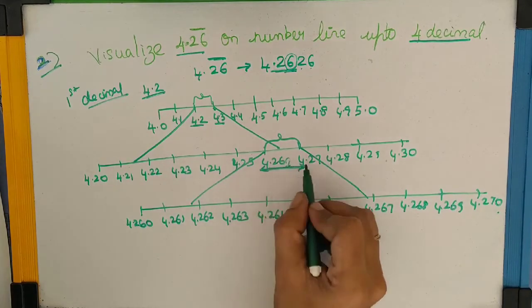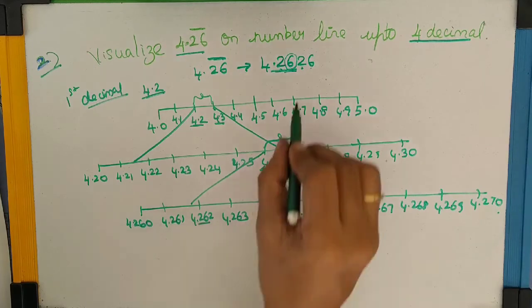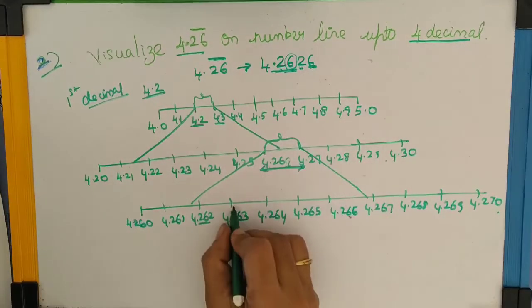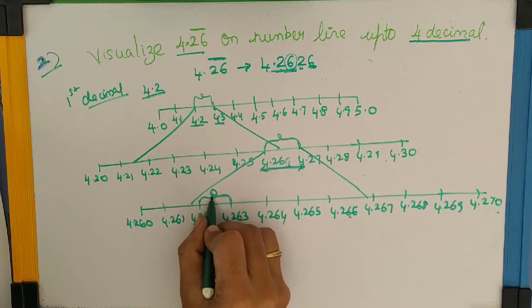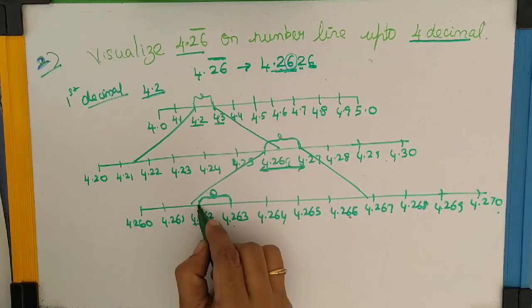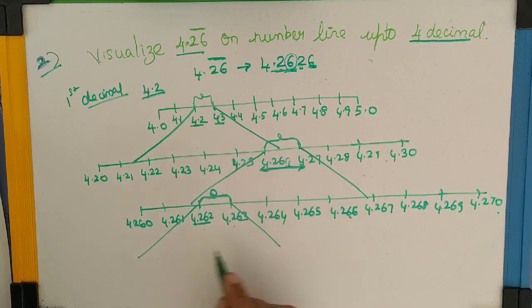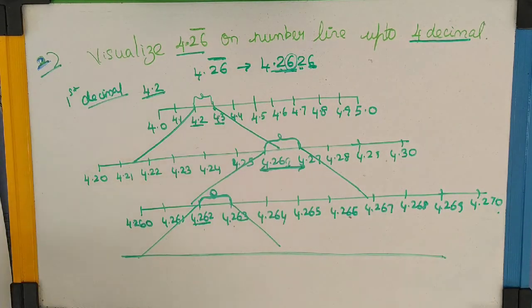Now, where is 4.262? 4.262 we have found, but what we need to find is 4.2626. So it is somewhere between 4.262 and 4.263, right? So next we have to magnify 4.262 and 4.263. Now we are visualizing the fourth decimal.